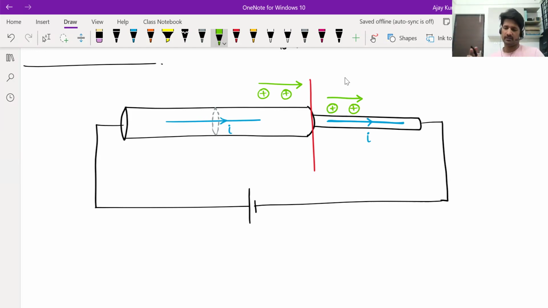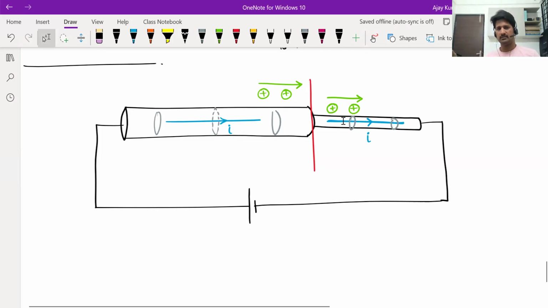Same will be the current everywhere. So if there are no junctions in between, junction means three or more wires should be connected, if there's nothing like that in between, at every cross section, you will see the same current, same rate of flow of charge. Because if the rate of flow of charge is not same everywhere, then at some points, inflow must be more than outflow or outflow must be more than inflow. We don't consider such situations in your syllabus. You only have cases where inflow is equal to outflow. Right? So we'll consider it like that.